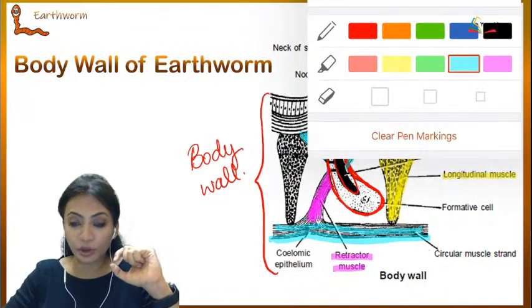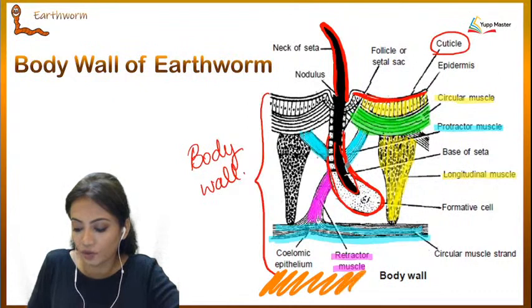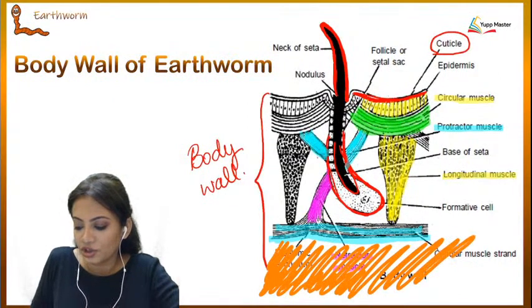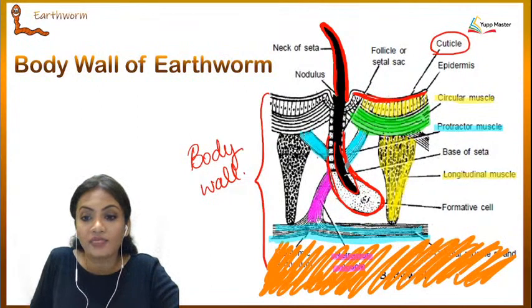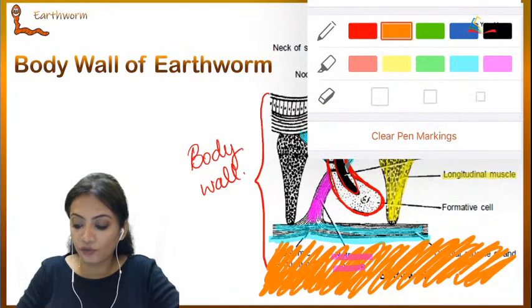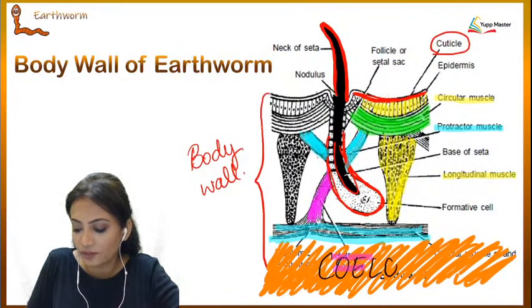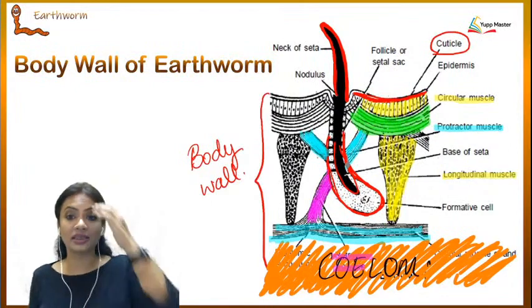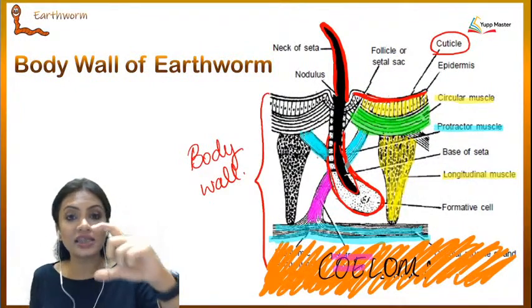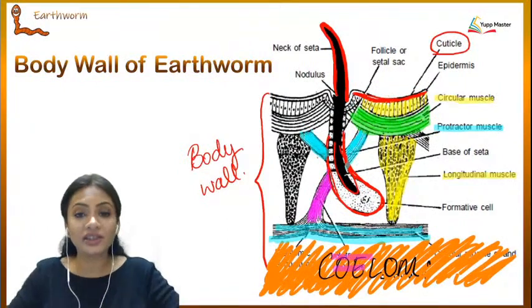Immediately after the body wall, inside, I'm talking about this region over here. Okay, so this whole region over here, just after the body wall, this is the region which would be called the region of the coelom. So this is where you would have the coelom. Okay, so this is the coelom layer, and if this is the coelom region, then this is the region where you would have the digestive system.